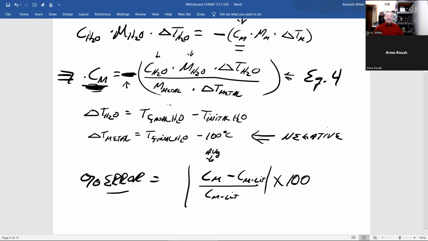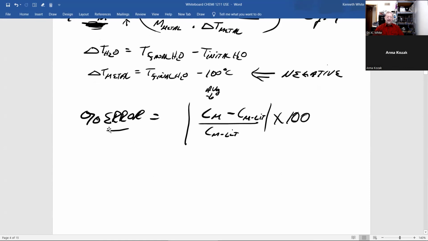And then you'll divide that by the weight of the metal, which you've measured, and the delta T, the change in temperature of the metal. The delta T water, change in temperature of the water, is the final temperature of the water minus the initial. The delta T of the metal is the final temperature of the water minus 100 degrees C. That will be a negative number.